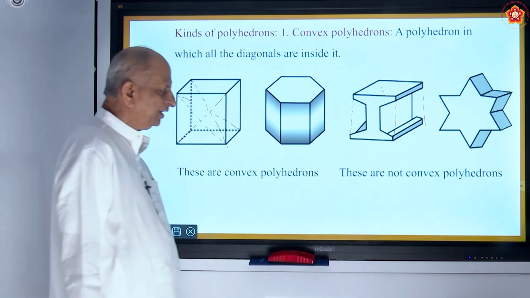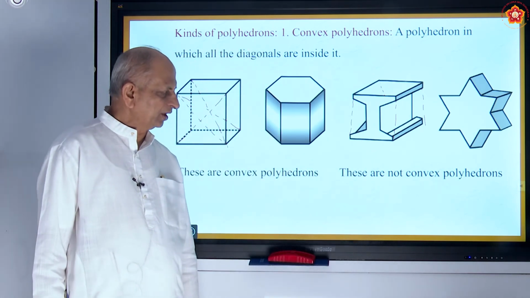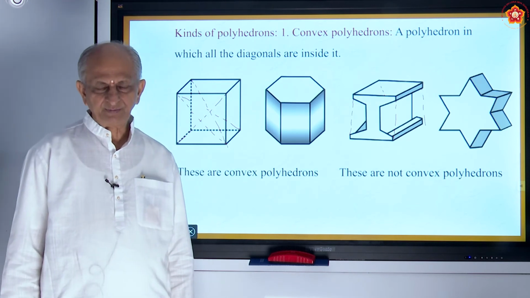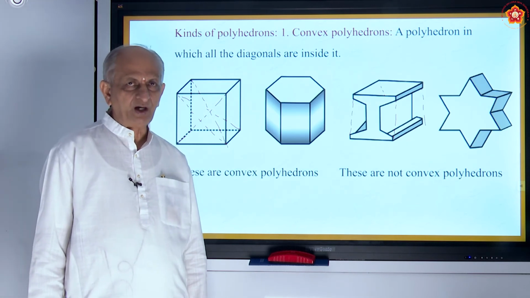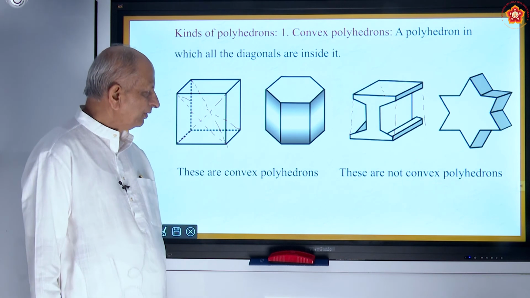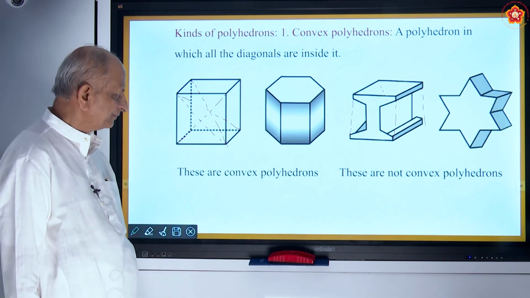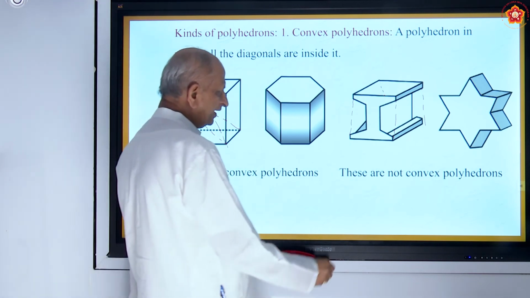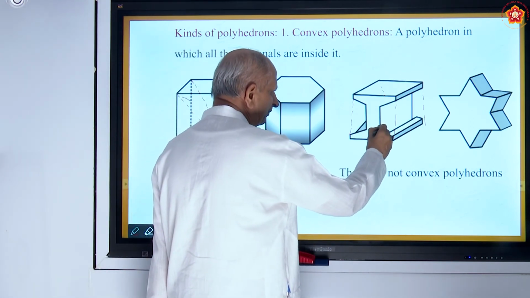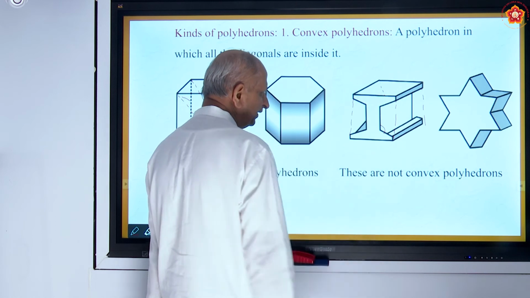That's why it's called non-convex. One or two angles will be reflex angles. What is a reflex angle? An angle more than 180 degrees.